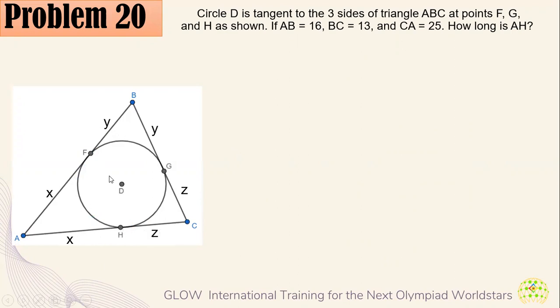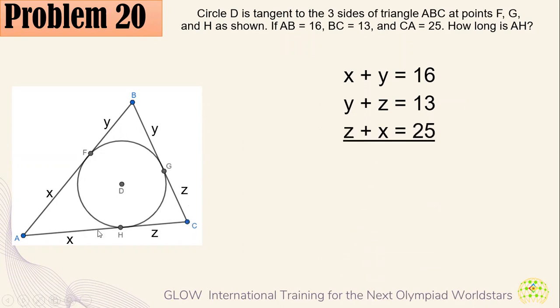And remember, based on the problem, it says here that AB is 16. That's why AB is x plus y, which is 16. BC is 13. That's why y plus z is 13. And for CA, that's z plus x equals 25. What we will do next is employ what we call the addition property of equality.